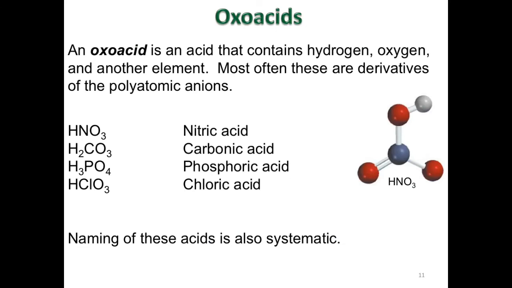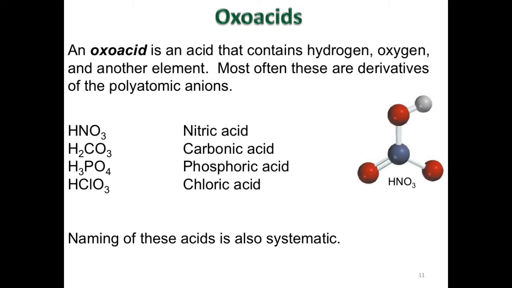Next we move on to acids. The oxoacids are the acids of the polyatomic anions with enough hydrogens to make it a neutral compound. And their naming is also systematic. Here are a few examples. NO3- is the anion for nitric acid, and the anion is nitrate.